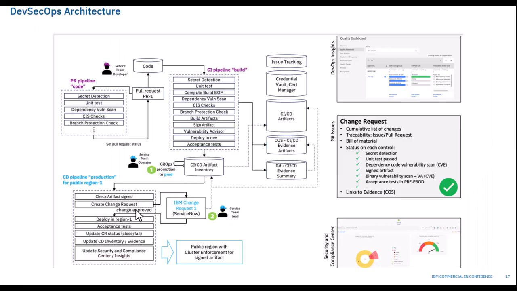The CD toolchain includes a pipeline for change management process, where from the inventory captured in CI, a BOM is generated and on change approval is promoted to the production Git branch. This ensures that only verified builds get promoted to production.